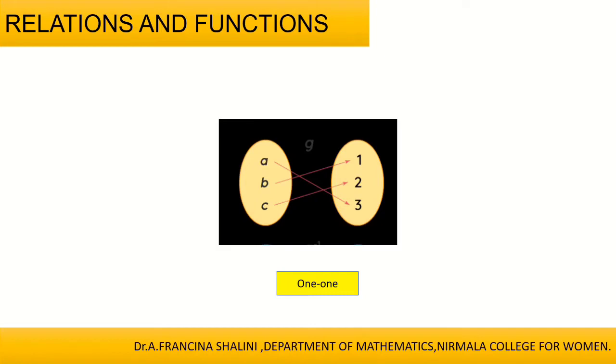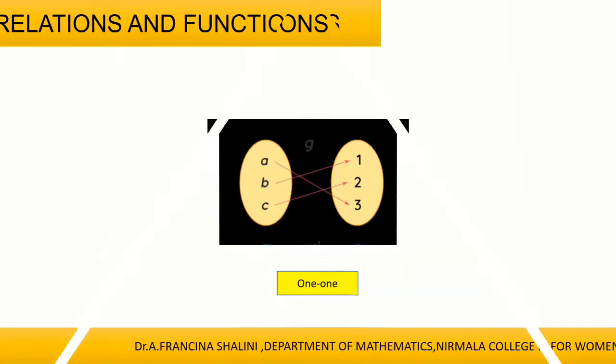It's clearly seen that no two elements in the domain which has elements A, B, C correspond to the same element in the range, that is 1, 2 and 3. Such a function is said to be one-to-one function or a one-to-one mapping, and it is also called as an injective mapping.